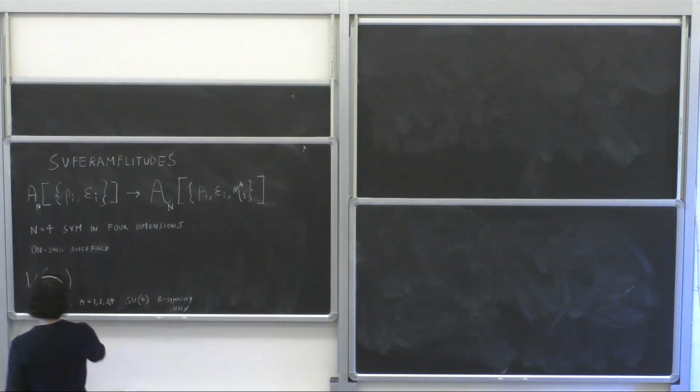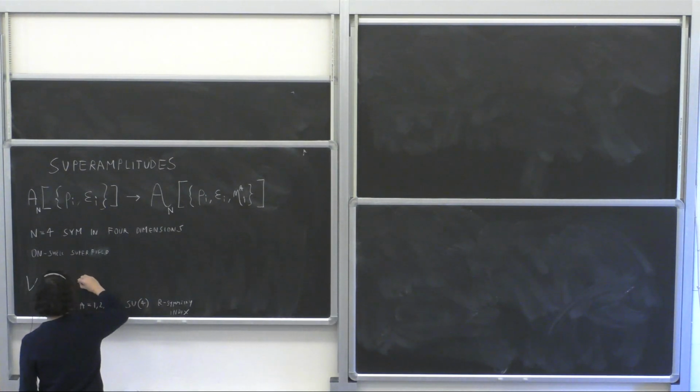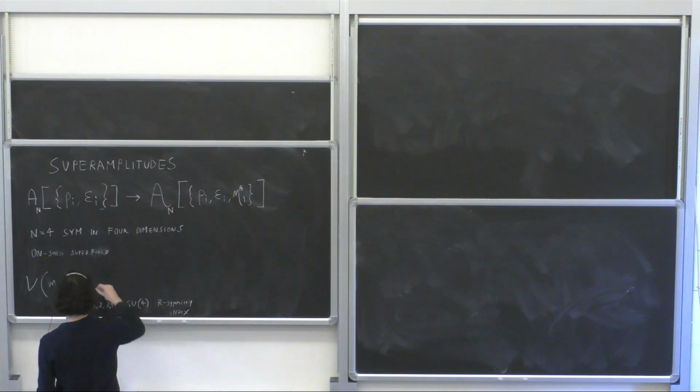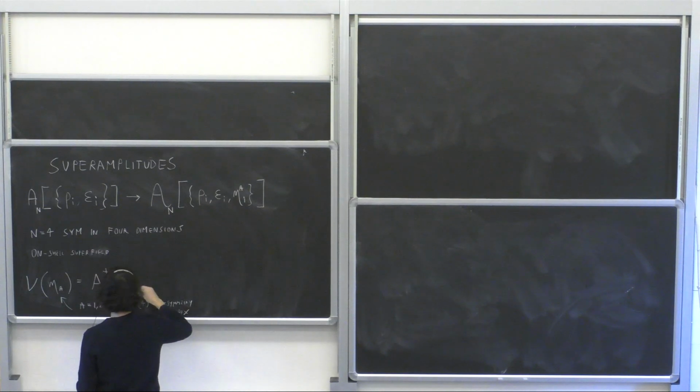And then we can organize the states of the N=4 supermultiplet in an expansion in these Grassmann parameters.